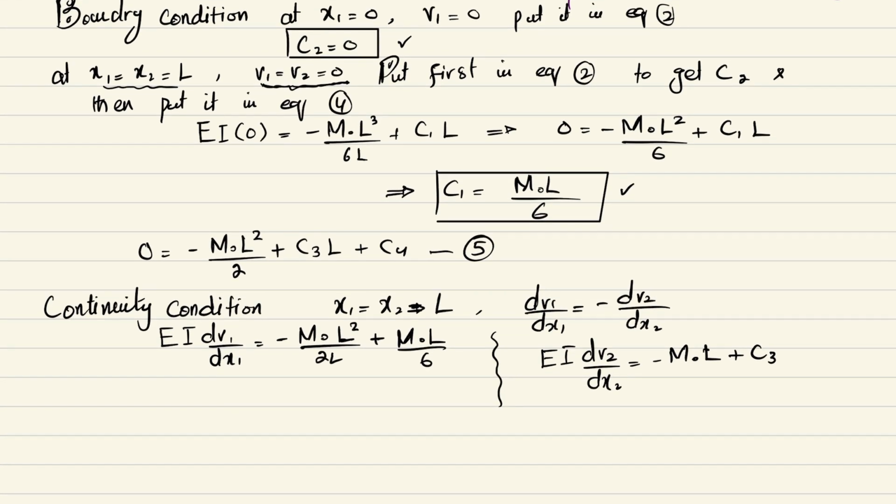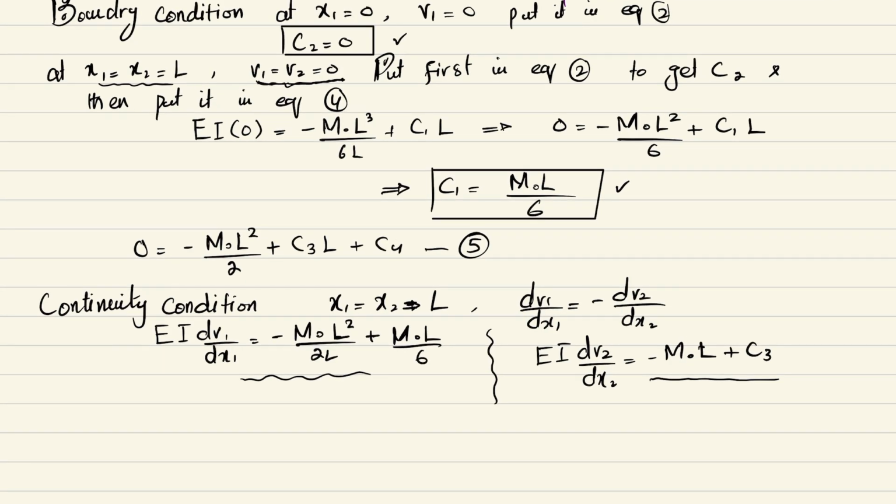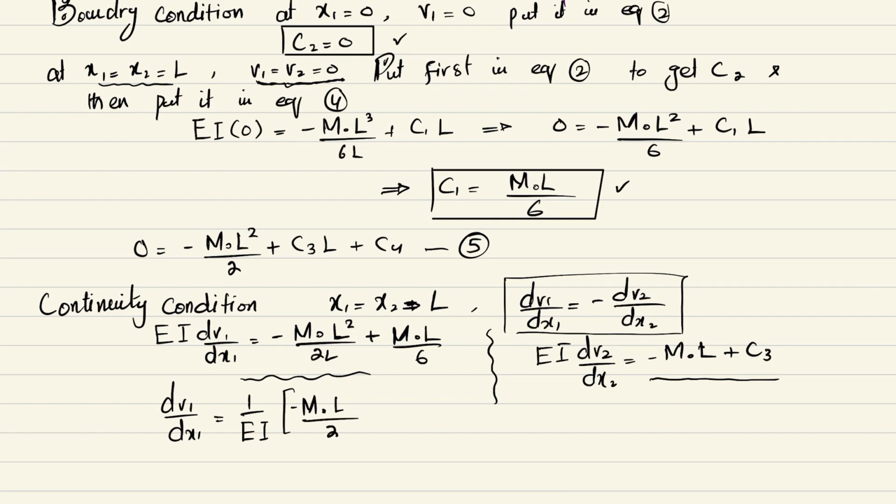Now if you equate both equations, because we have this condition, EI is on both sides, so here you will get dv1 over dx1 equal to 1 over EI times m naught minus m naught L square over 2L, which will give you m naught L over 2. Clear? And we will have plus m naught L over 6.